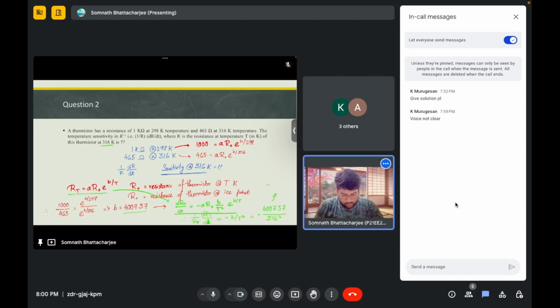What do you think about it? And then you may talk about this as well. So which one is true and which one is false?